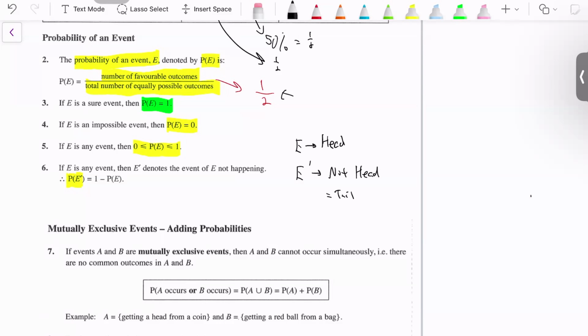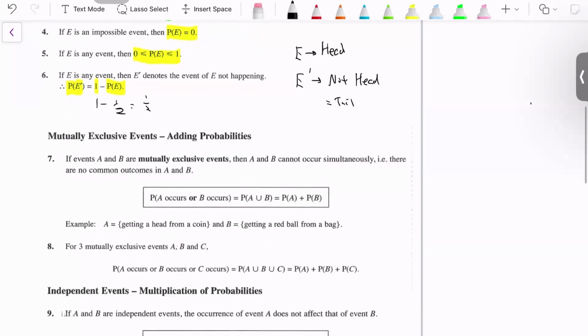So if we want to find the probability of E prime, which is the probability of tail, or in other words not head, what we can use is 1, which is the maximum probability, minus the probability of you getting a head. So it becomes 1 minus the probability of us getting a head, which is half. That itself will give us half. So in other words, what we're saying is the probability of you not getting a head is half.